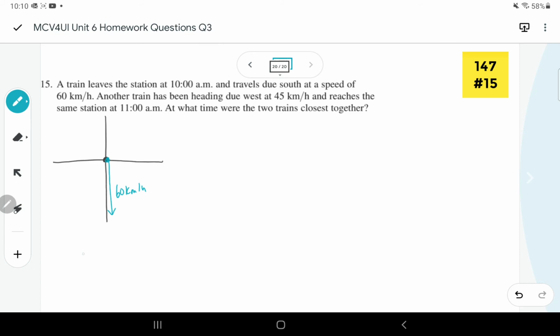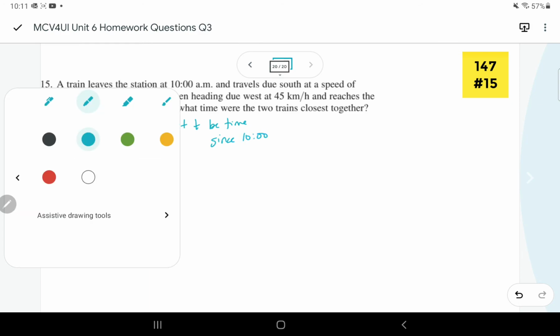So train A, I'm going to call this A. That distance is what the train has gone. So train A is, let's say, 60t. And I'm going to say let t be time since 10 o'clock.